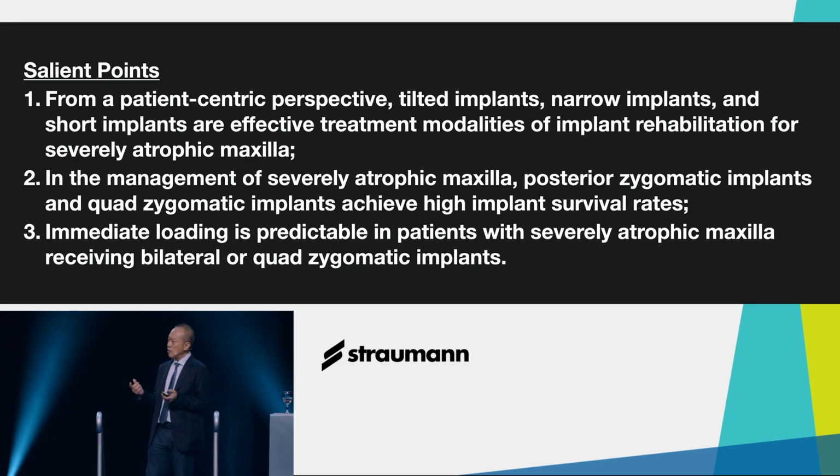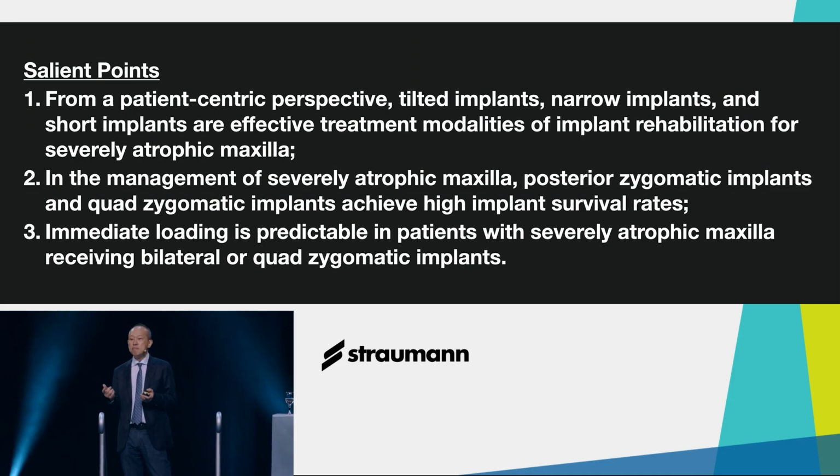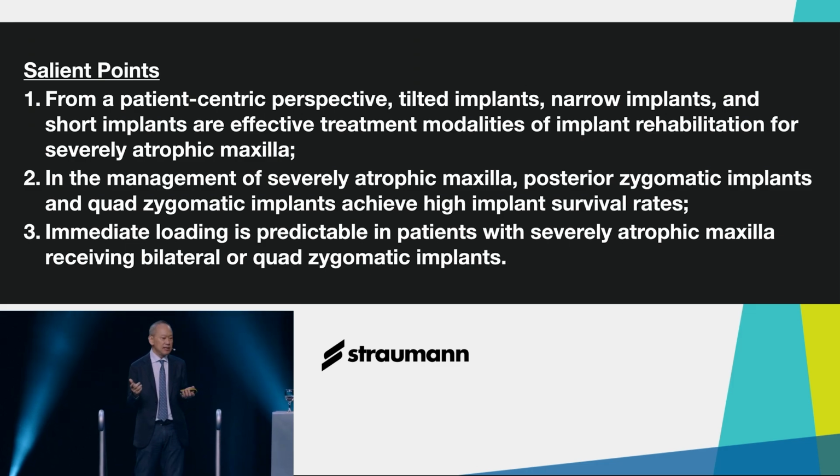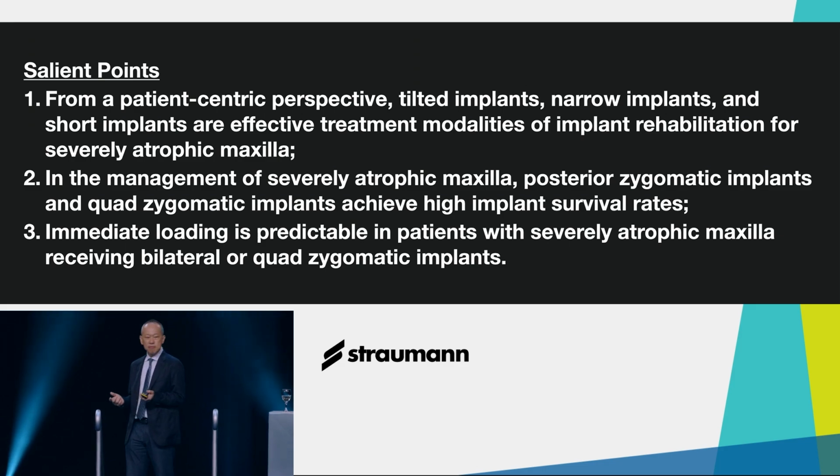In the management of severe atrophic maxilla, posterior zygomatic implants and quad zygomatic implants both achieve very high survival rates in the long term. And most importantly for our patients, immediate loading is predictable in patients with severely atrophic maxilla receiving bilateral or quad zygomatic implants.